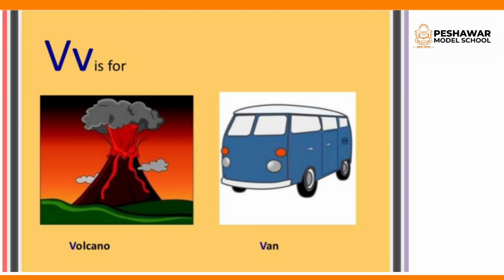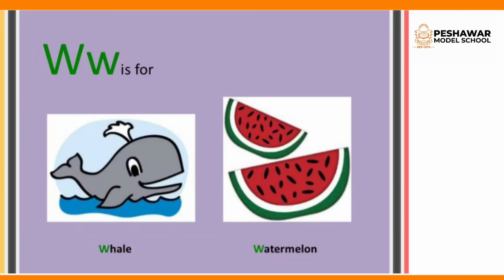It's very easy. This is our next letter, capital W, small w. What is the sound of W? It is V. The sound of V and the sound of W is the same. V is V and W is also V. Now words.